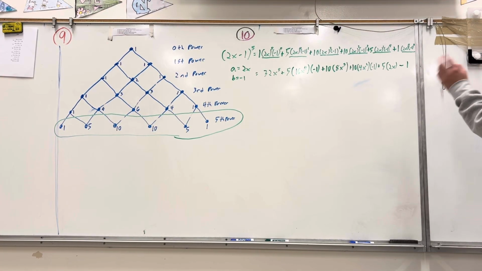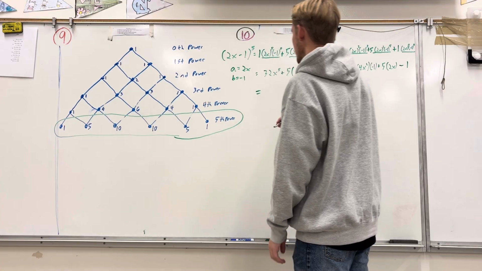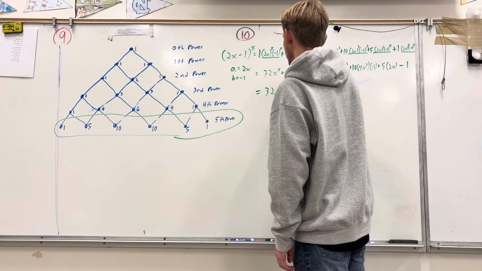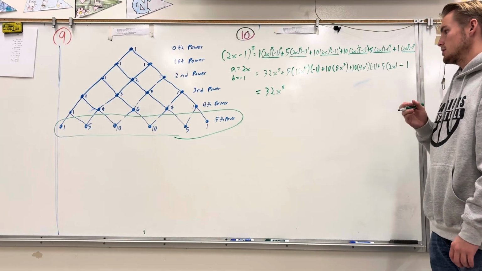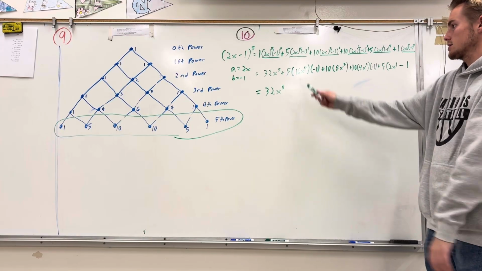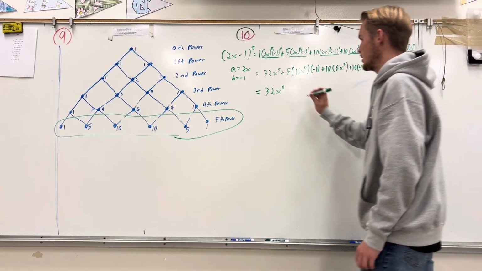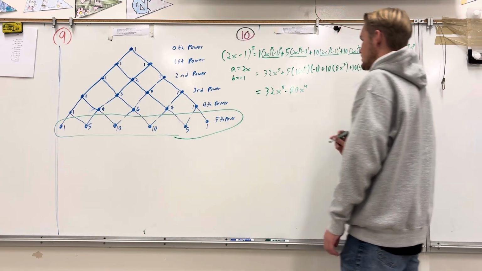And now we just have a couple more things to simplify and we'll be done. So 32x to the 5th, that's just 32x to the power 5. 5 times 16x to the 4th times negative 1. So 5 times 16, x to the 4th, that is just 80x to the 4th. 80x to the 4th times negative 1 is just negative 80x to the power 4.